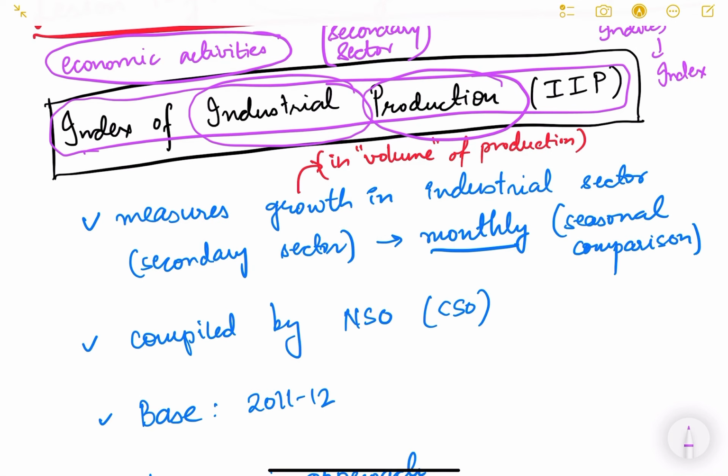The next one is OBICUS, again done by the Reserve Bank of India. The full form of OBICUS is Order Books Inventories Capacity Utilization Survey. This is done of the industry, and RBI does it to assess the consumption and investment demand in the economy, basically demand in the economy.